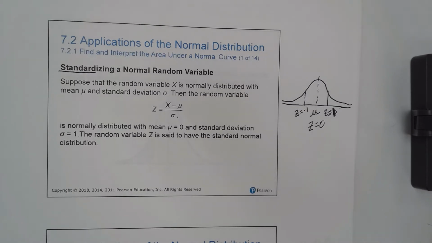Positive. And if you have a z-score to the left of the mean? Negative z. And what does the z tell me? The number of standard deviations to the right if it's positive, or the number of standard deviations to the left if it's negative. Okay? All right.